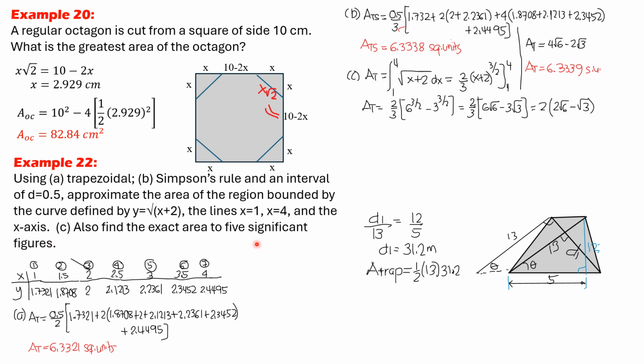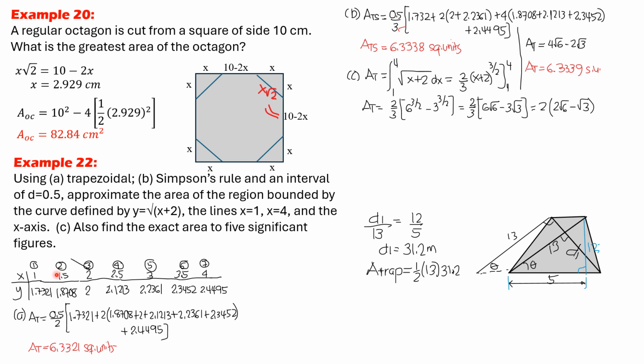Also find the exact area to 5 significant figures. So imagine that we have a region above the x-axis, and these are the calculations. y equals square root of x plus 2.